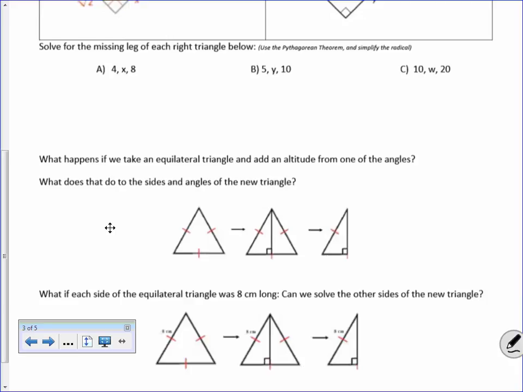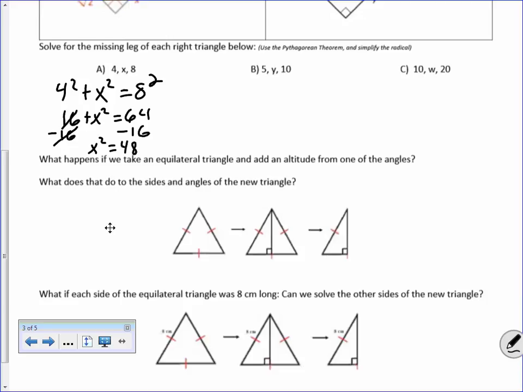We know we're looking for a leg, so you know that we're finding either A or B. So we got 4 squared plus x squared equals 8 squared. Okay. Now that's 16 plus x squared equals 64. Take 16 from both sides. We got x squared is 48.